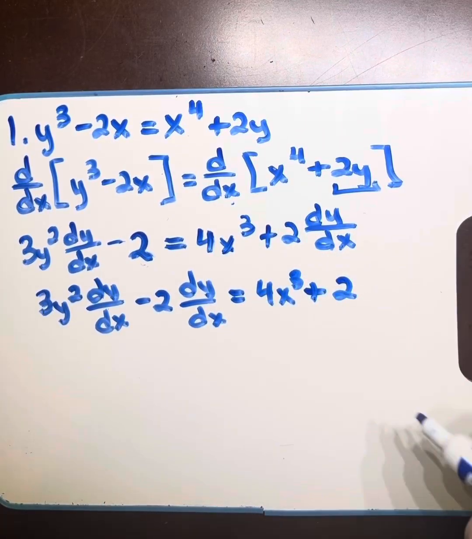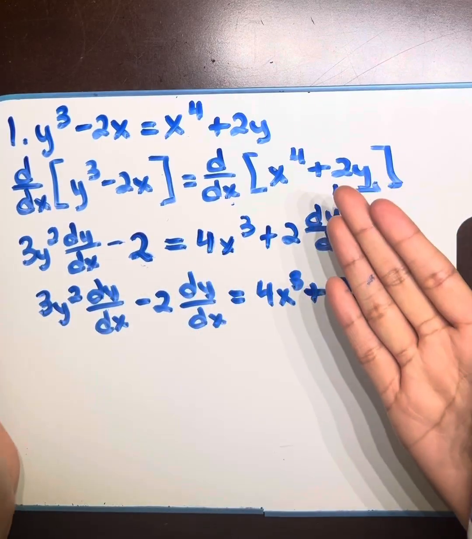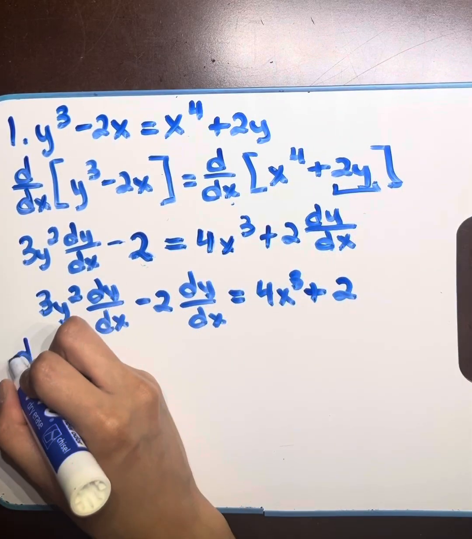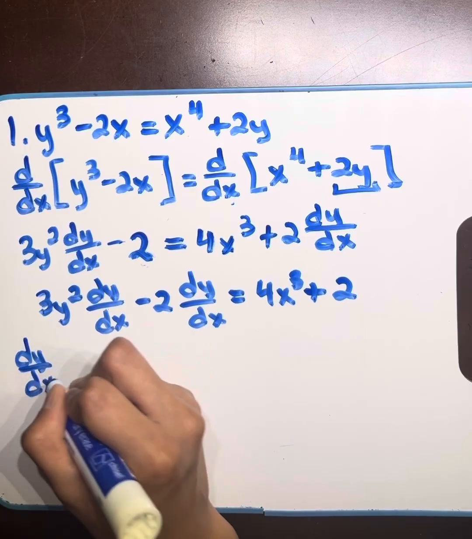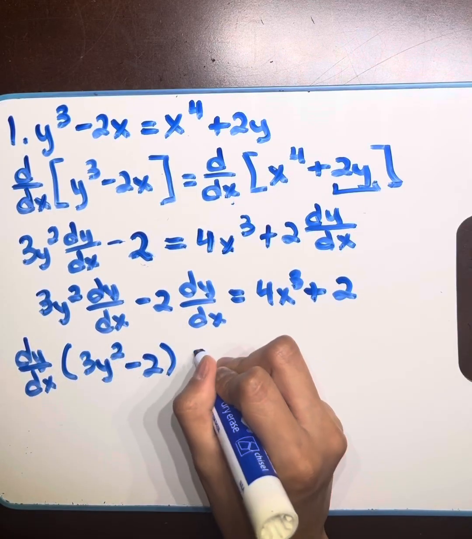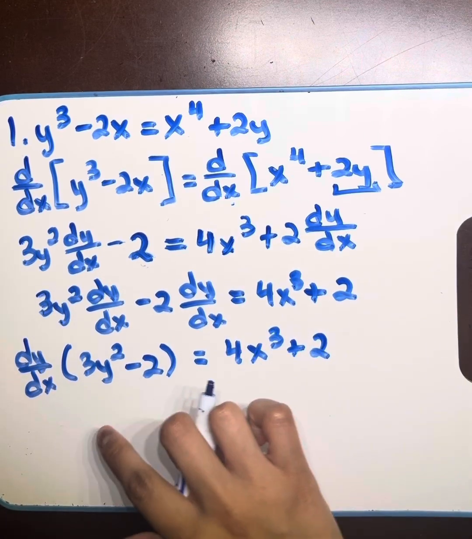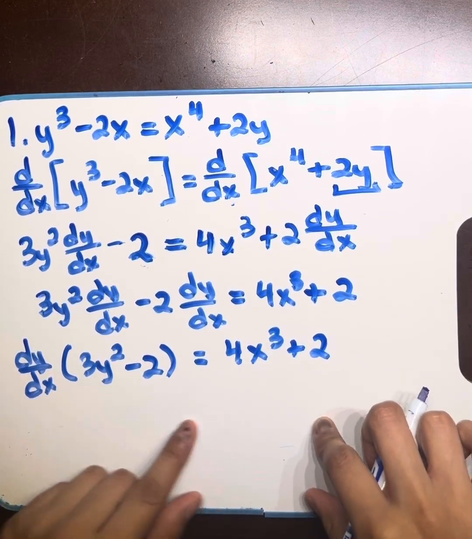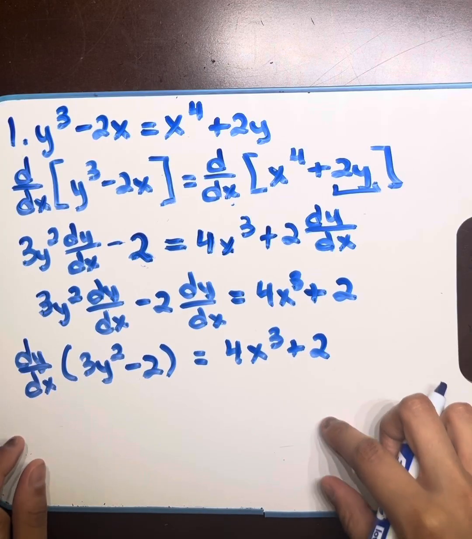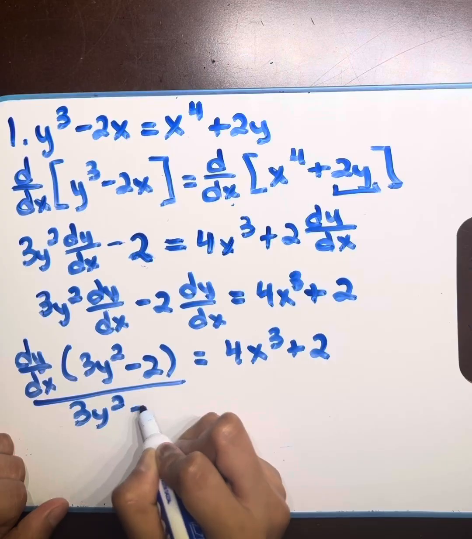So now that we've separated our like terms to their specific sides, we can factor out a dy over dx. Once we have factored everything out, we notice that we can find dy over dx by dividing by 3y squared minus 2.